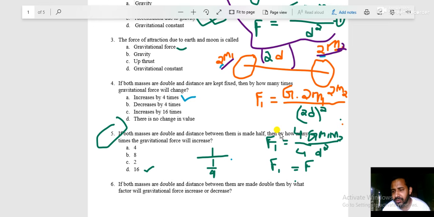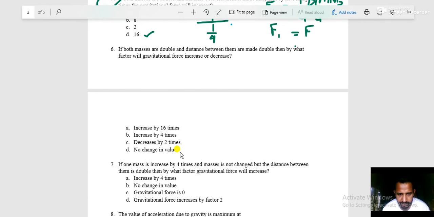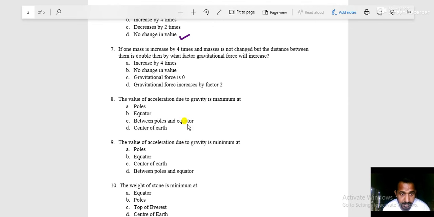And I have tried to find the gravitational force G, this mass into this mass by this distance whole square, and I got 4 here and 4 here. 2 square is 4, so it will cancel, and the force is not changing in such a case. So I should take the answer as no change in the value of the force.